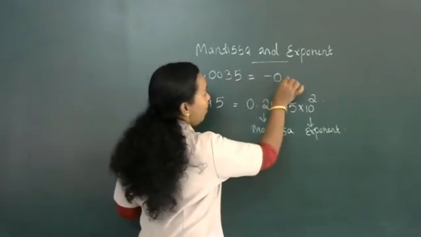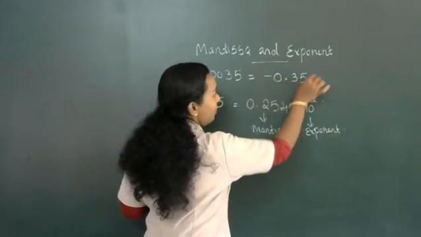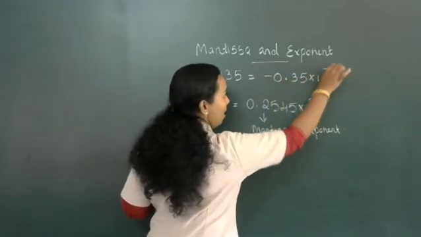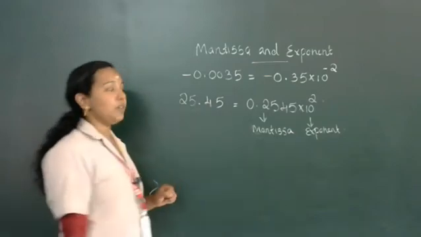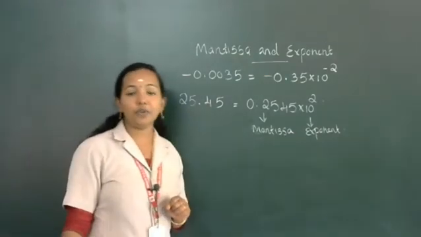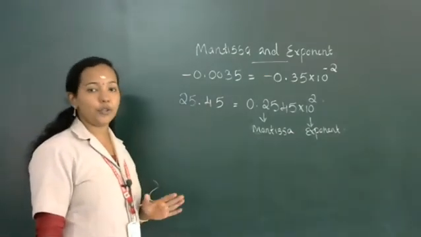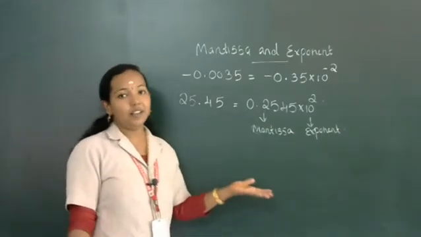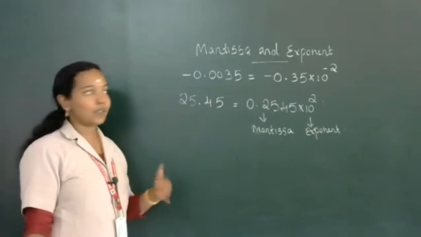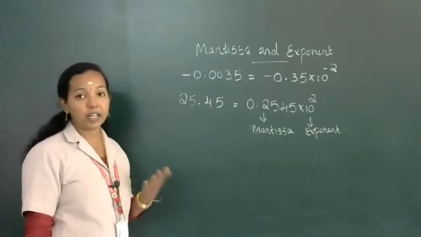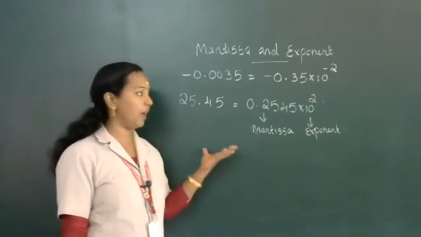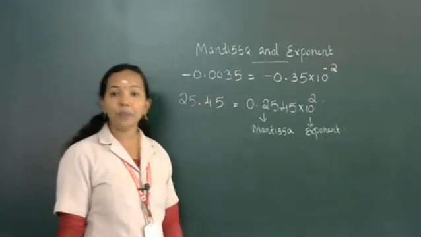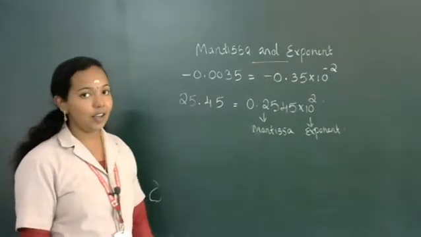Minus 0.35 into 10 raised to minus 2. Hope you understood, because you already completed these mathematical terms in smaller classes, so you know this. So this is how we convert a fractional number into exponent and mantissa format.